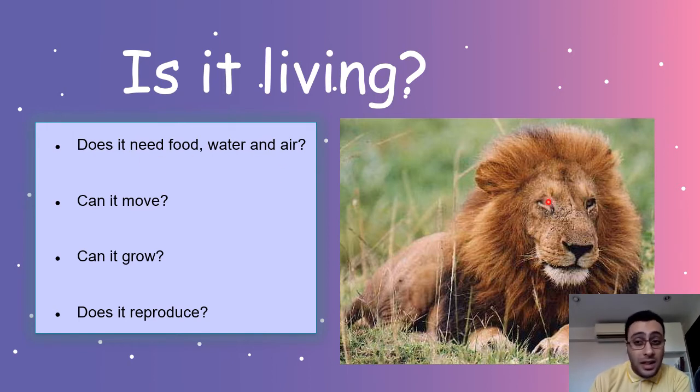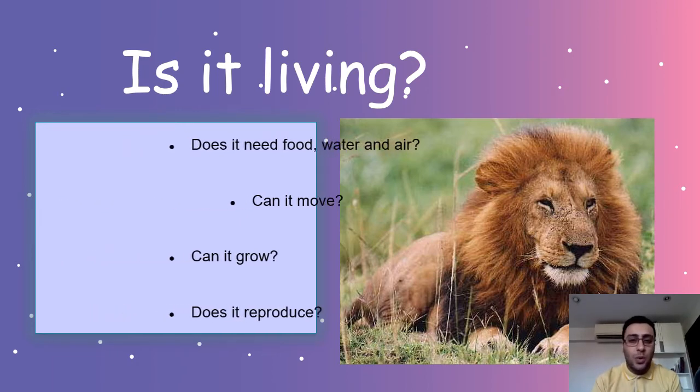Does a lion need food, water, and air? Yes. Can a lion move? Yes. Can a lion grow? Yes. Does it reproduce? Can a lion have babies? Yes. So, it is a living thing. Very good. Let's see the next one.